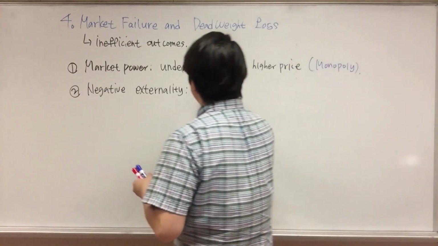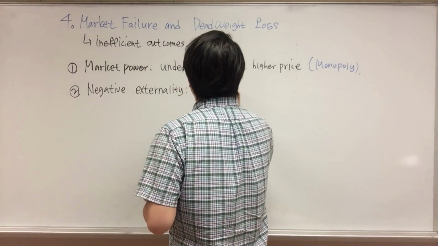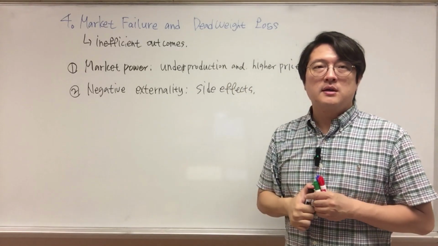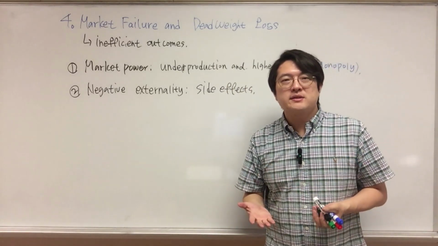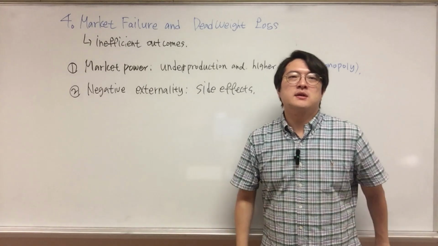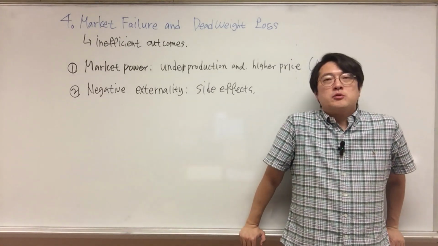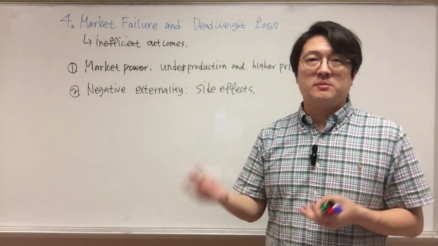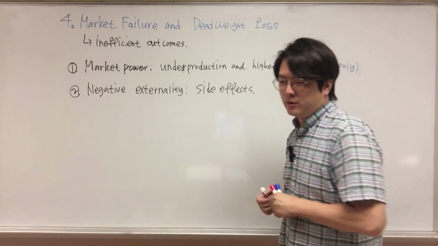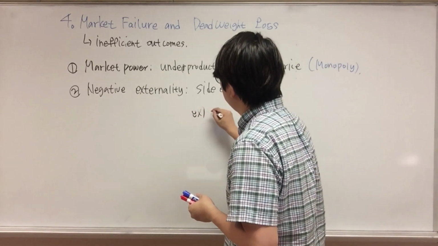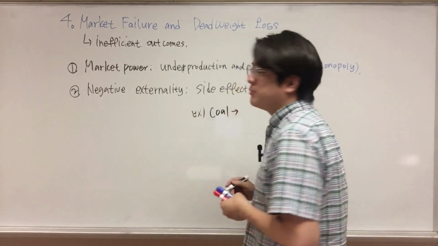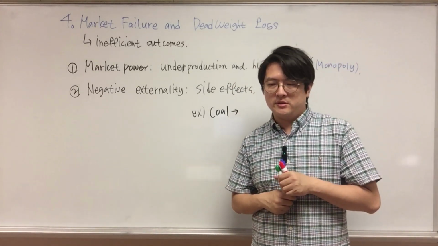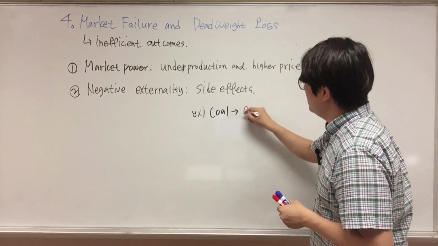Okay, for example, there are some factories in the United States. The factories create air pollution when they make coal, which is a kind of resource. Okay, so in the process of making coal, they will produce some air pollution, right? So it causes air pollution.